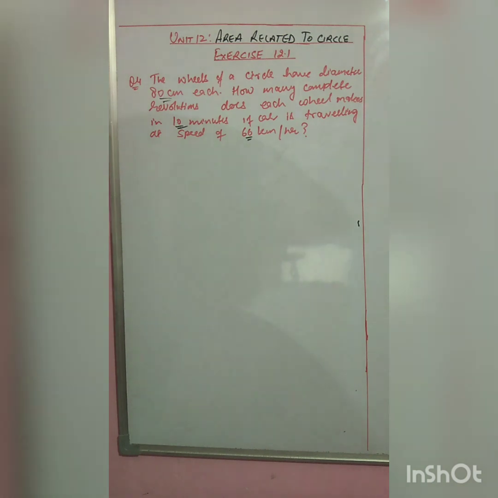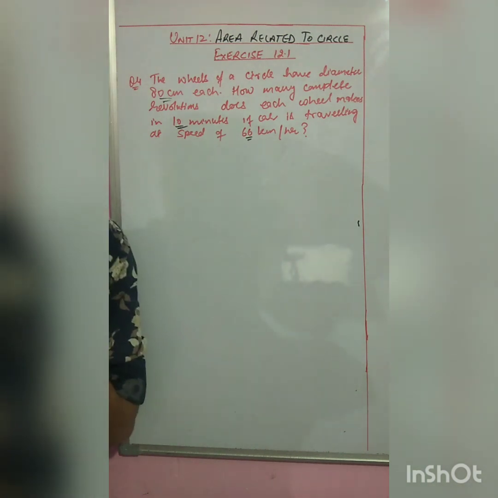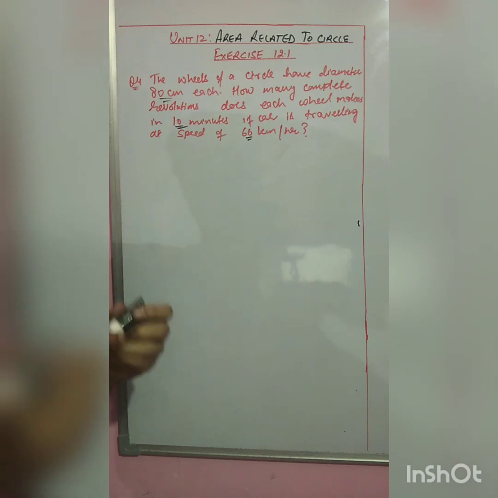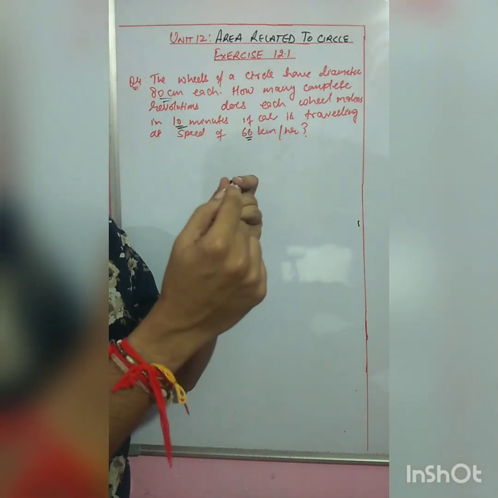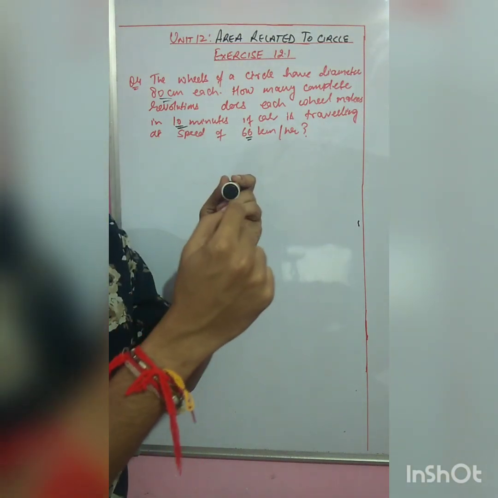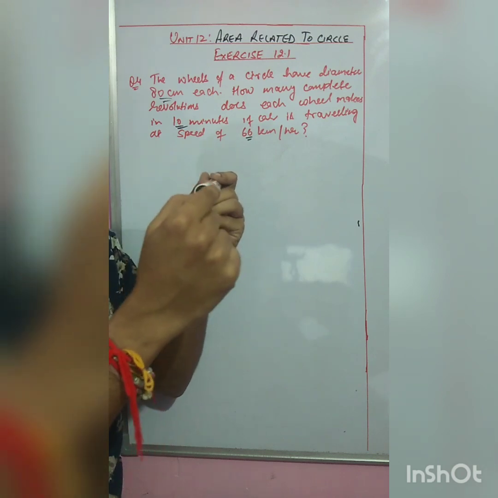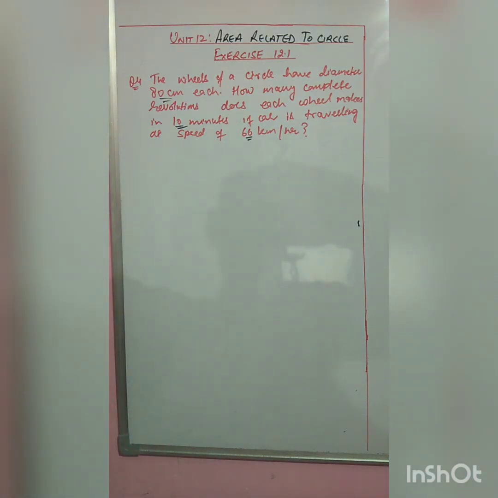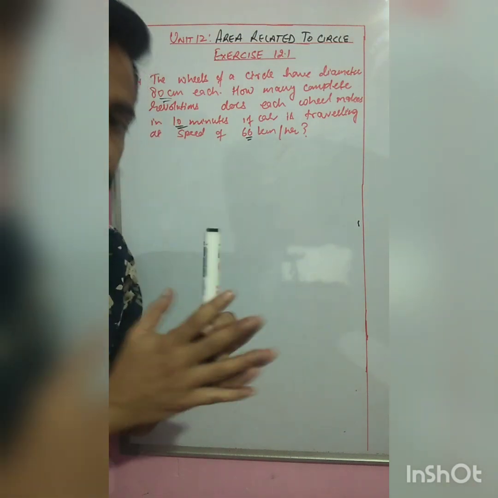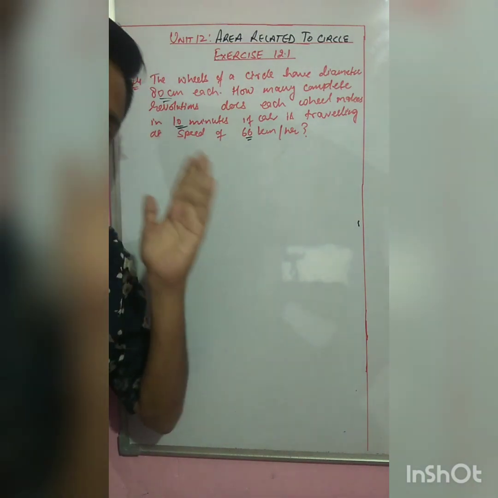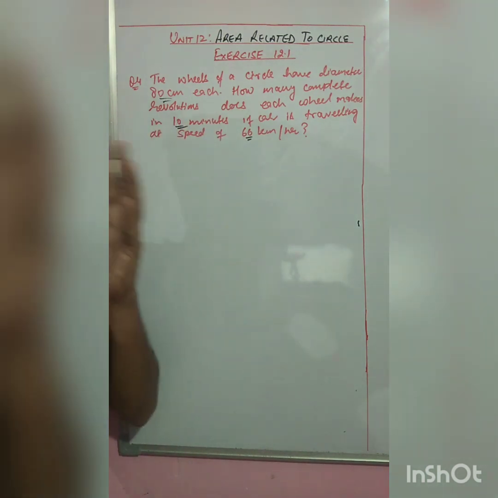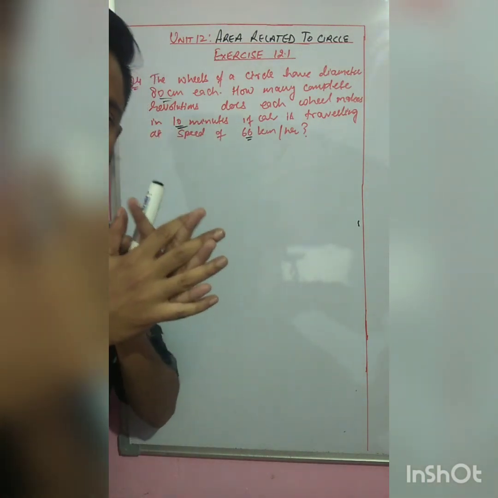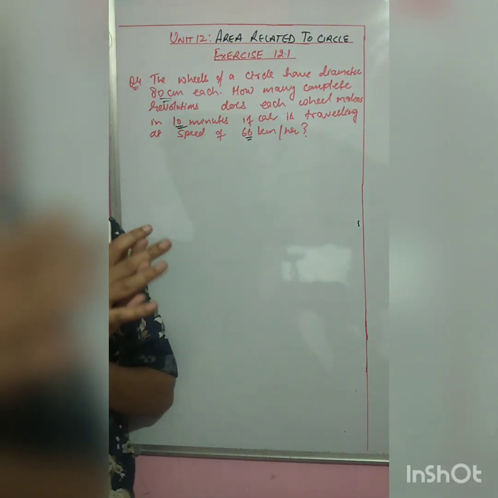First of all, the distance traveled by a circular wheel in one revolution would be its circumference. So if we find the circumference, we can find how much distance is traveled in one revolution. Using speed and time, we can find the total distance the wheel has to travel. By dividing both, we can find the number of revolutions.